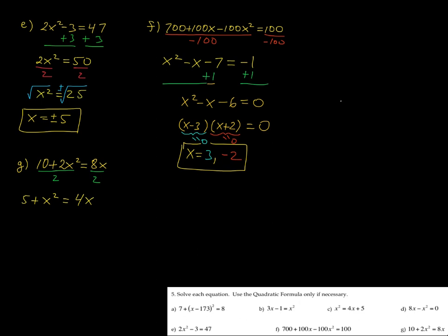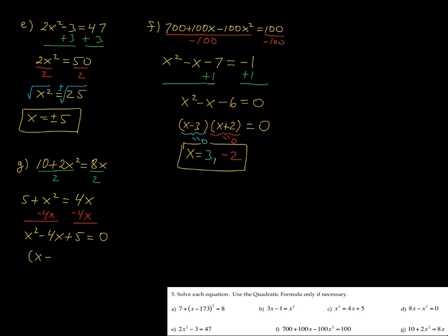And then I'm going to go ahead and subtract 4x from both sides. So I have everything on the left side, and I'm going to write this in descending order. So x squared minus 4x plus 5 is 0.